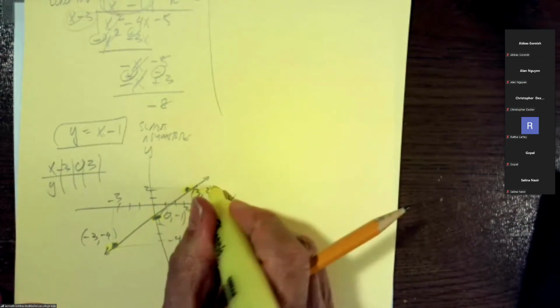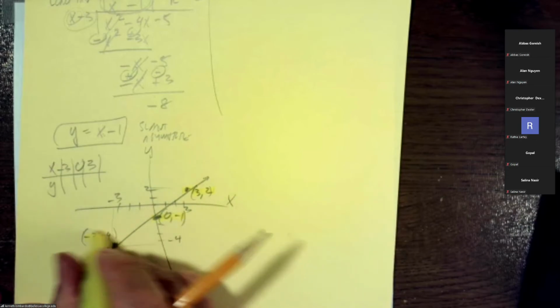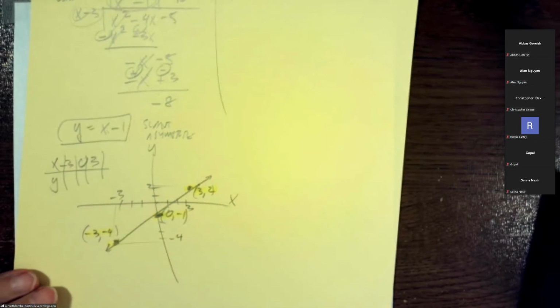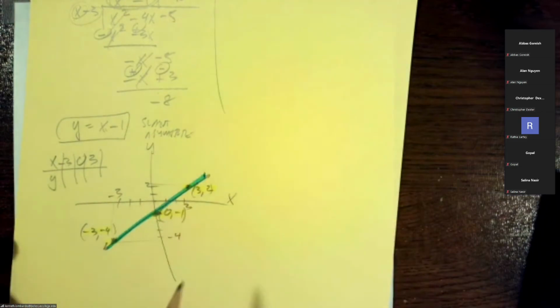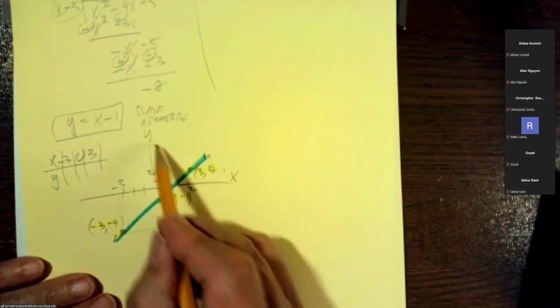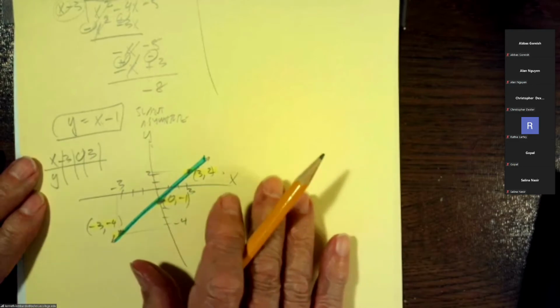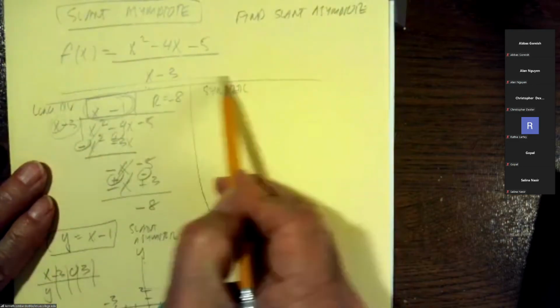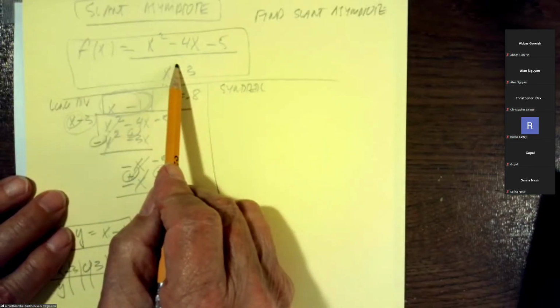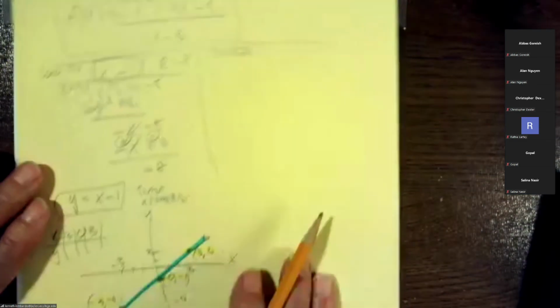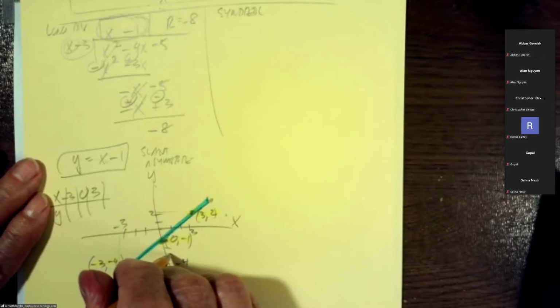My locations are here, here, and here. And my slant asymptote looks like that on my XY coordinate plane. So we started with this function, and we ended up saying the slant asymptote is here.